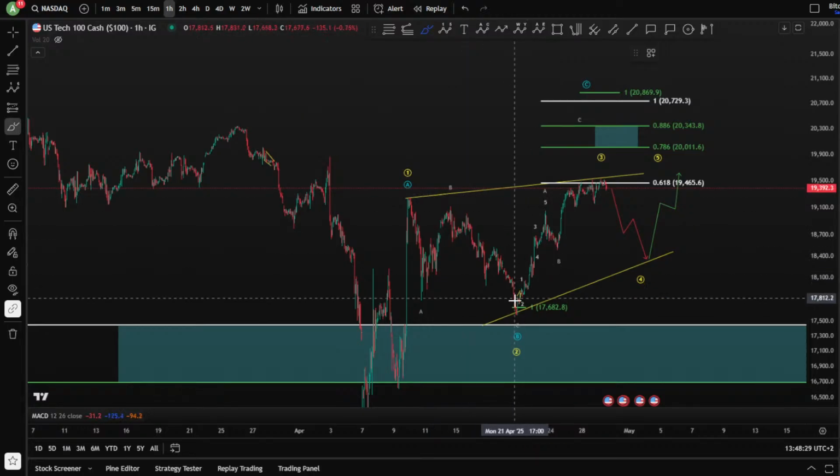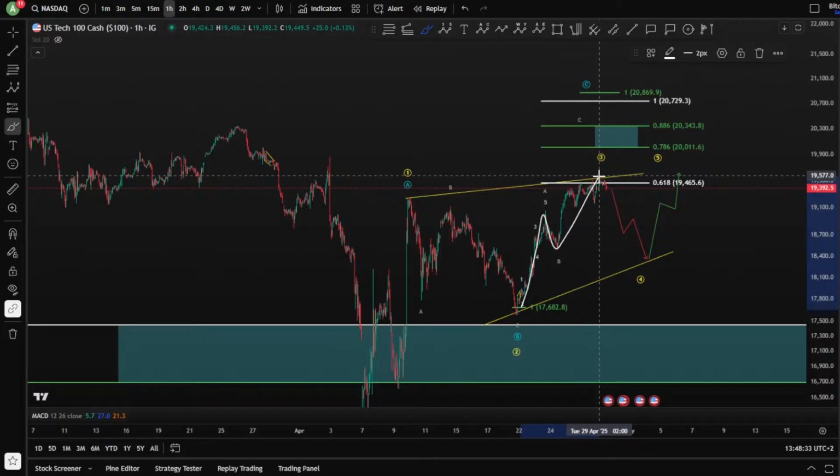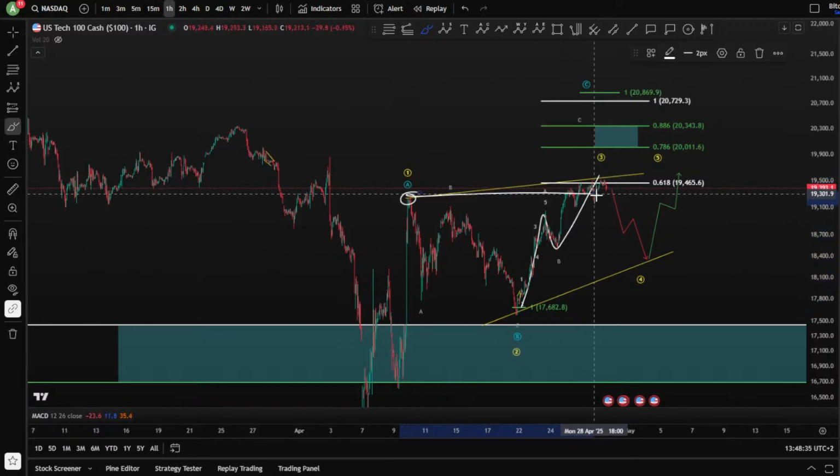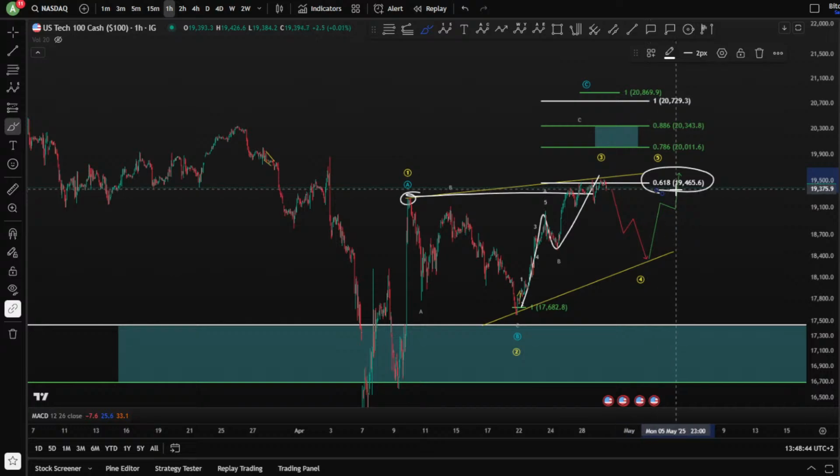A wave 3, as a rule in Elliott wave, is just to have the zigzag taking the all-time high. Normally the target as a perfection would be this one, but that doesn't mean you cannot hit only the 0.618 and then move toward the downside.